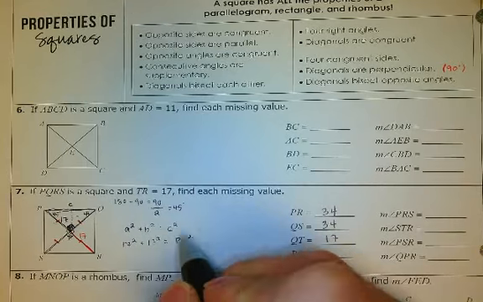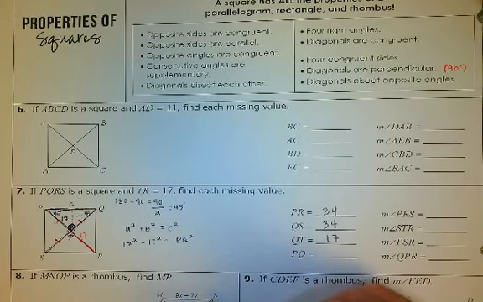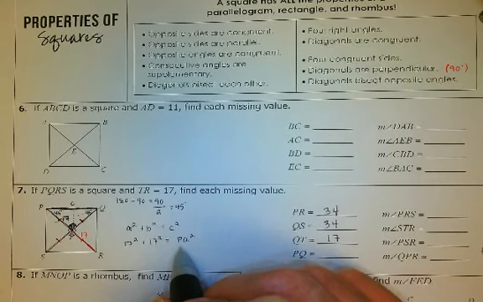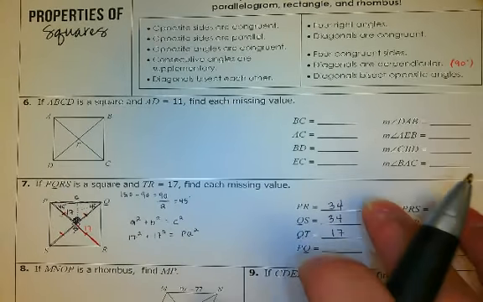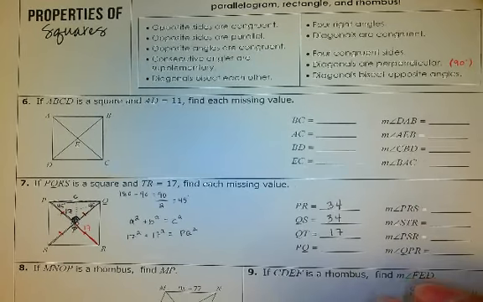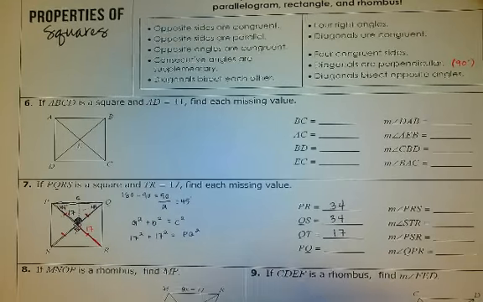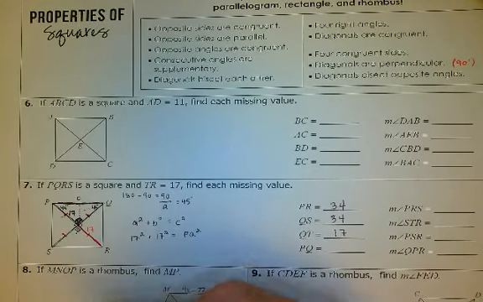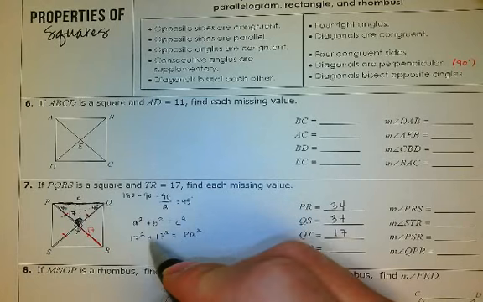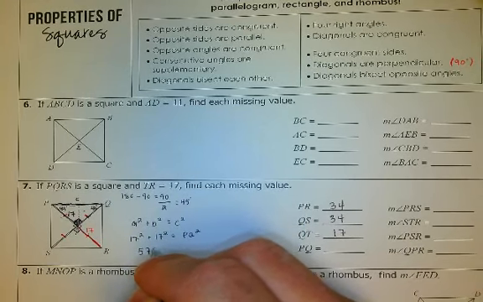If you wanted to replace the PQ with an X or just leave it as C, you could do that as well. I just like to put the PQ because it helps to remind us that that's what we're trying to find. We're trying to find side PQ. Okay, so if I do the math here, 17 squared plus 17 squared is 578.